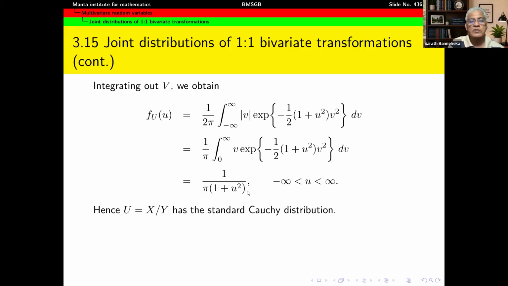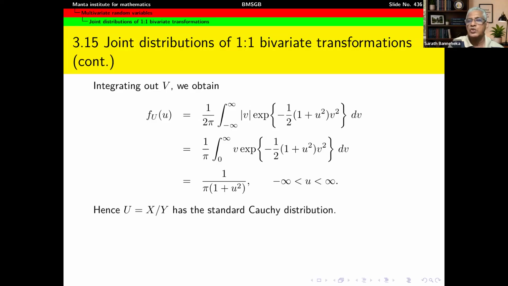So this is again the density function of a well-known distribution called the Cauchy distribution, which is the same as a t distribution with 1 degree of freedom. So this result is important.